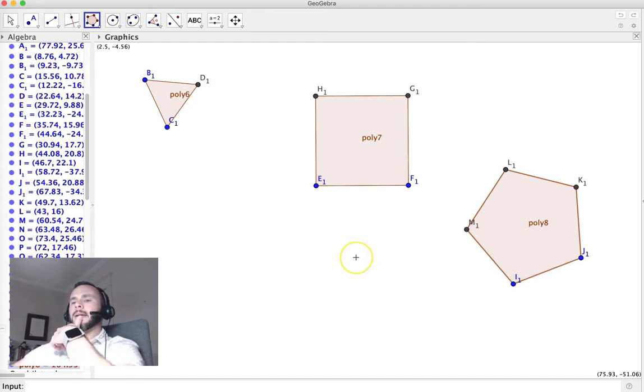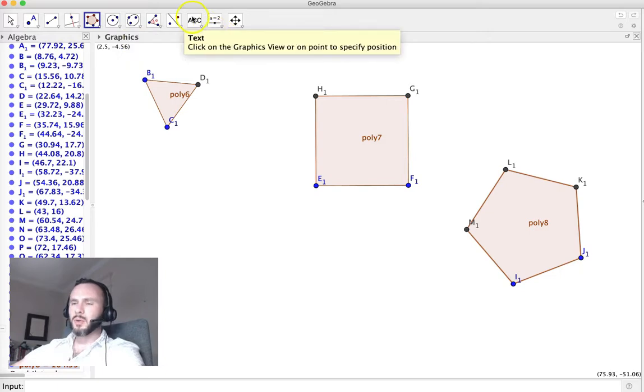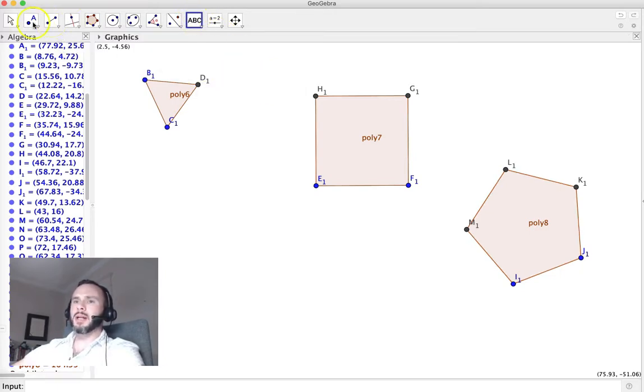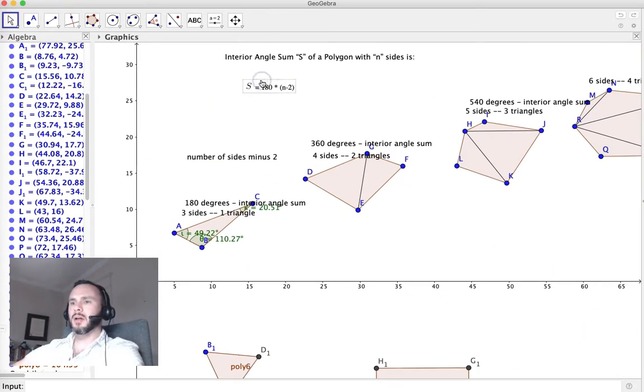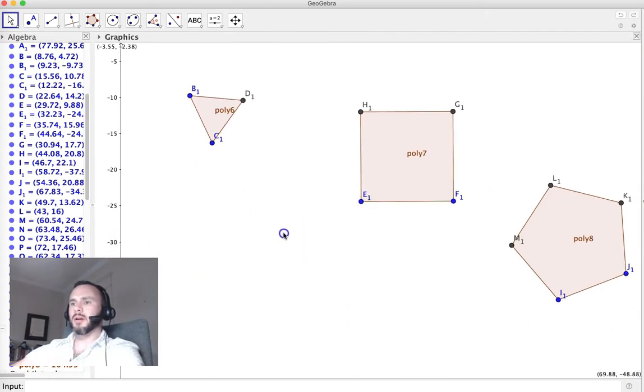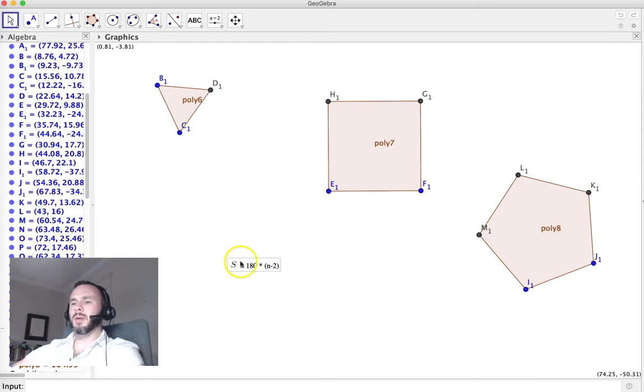Okay, well, I need to start figuring out what this is. So let's look at what our formula tells us, right? The formula tells us 180 times n minus 2. Let me copy and paste this down here. 180 times n minus 2 is the sum of the interior angles, all of these angles in here, right?